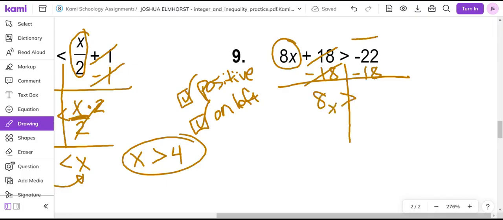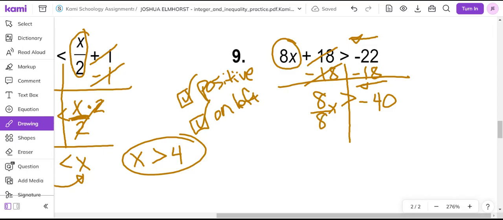We have negative 22 and negative 18. So it's going to end up being negative 40 altogether. If you go negative 22 and you go 18 more negative, you're going to end up at negative 40.